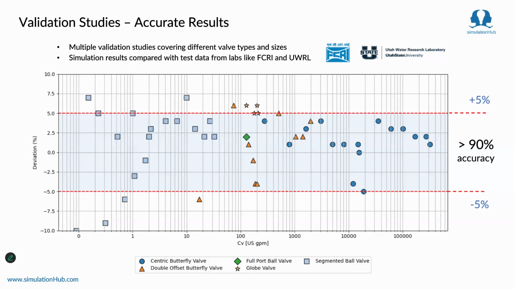So it's pretty reliable, and the algorithm is fine-tuned based on these studies. On top of it, when we engage with a customer, we take a pilot project, take their previously done cases, and then we do a validation study to increase the trust factor. So that activity can also be done.